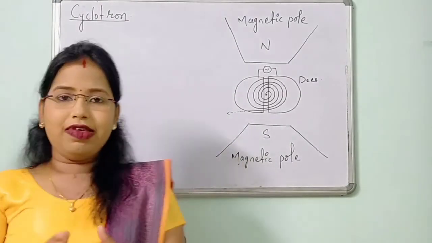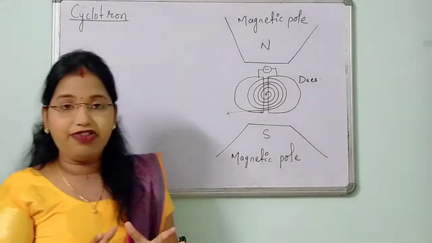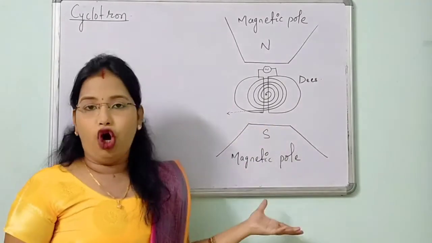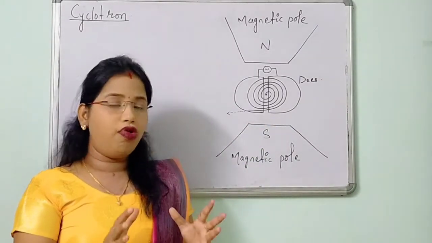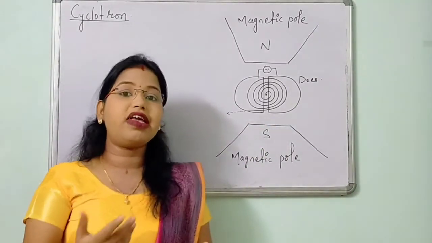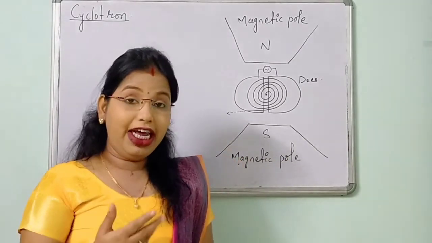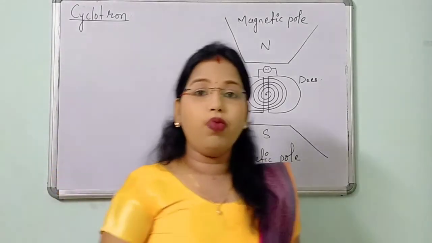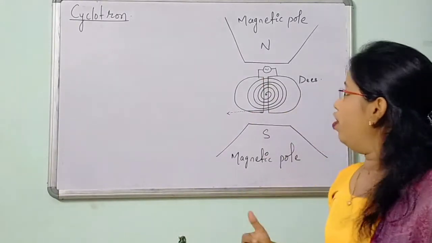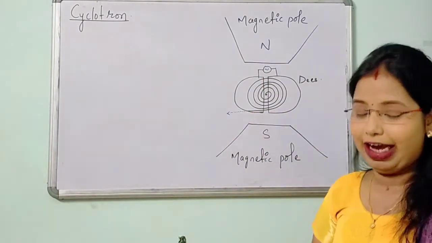Then what is the condition under which the cyclotron works? The main condition of the cyclotron is the resonance condition. I will tell you about it while I explain the working of the cyclotron. So what happens inside a cyclotron?